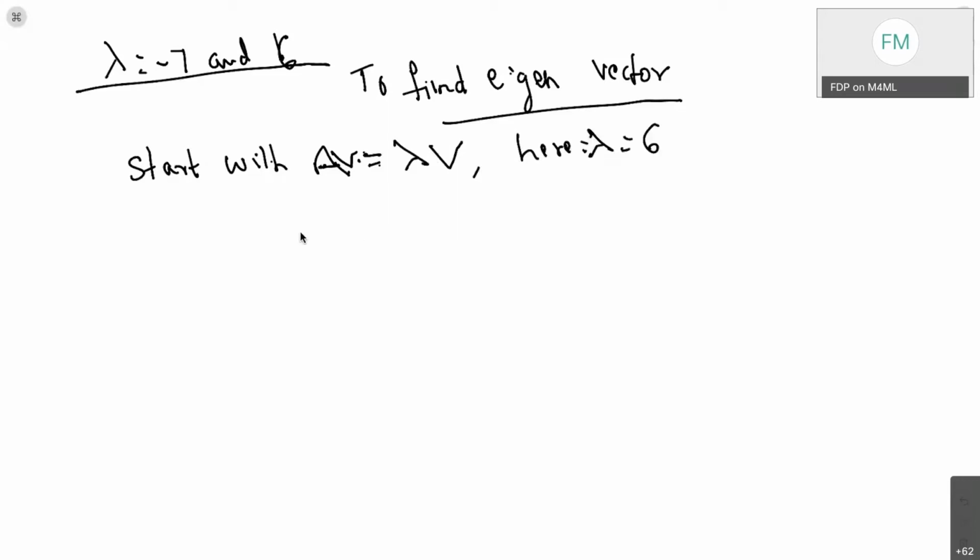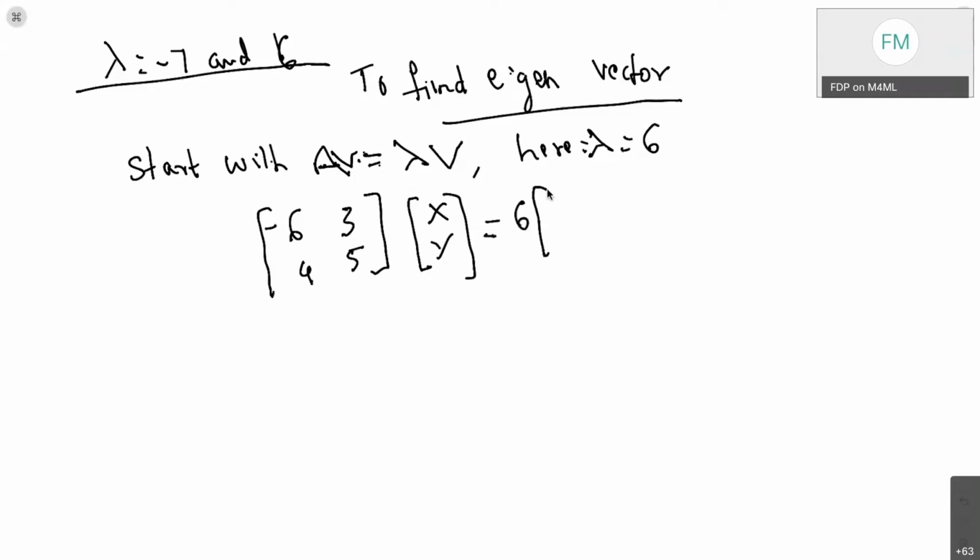Please remember, we are trying to find the eigenvectors; we have just obtained the eigenvalues. Let's take two variables, since it is two-dimensional: the vector x, y is what we are trying to find.